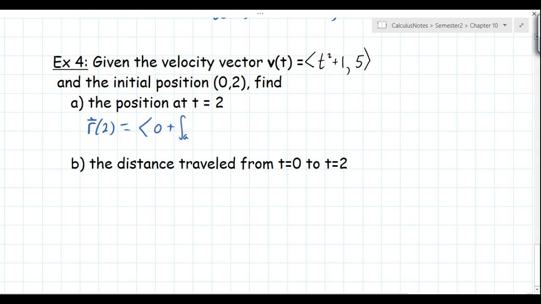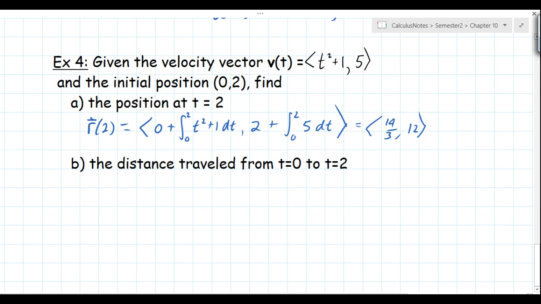So that will be the integral from 0 to 2 of t squared plus 1 dt. And then the y component is the initial y value plus the net change in y. And so when you evaluate both of those expressions, you get 12.